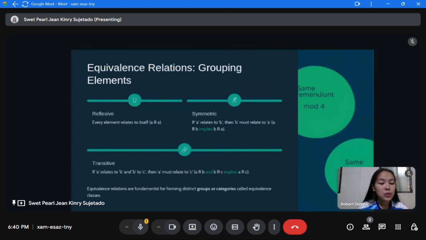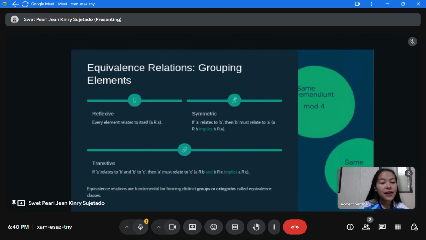Symmetric, if A is related to B, then B is also related to A. Example, if you and I have the same birth month, then I also have the same birth month as you.